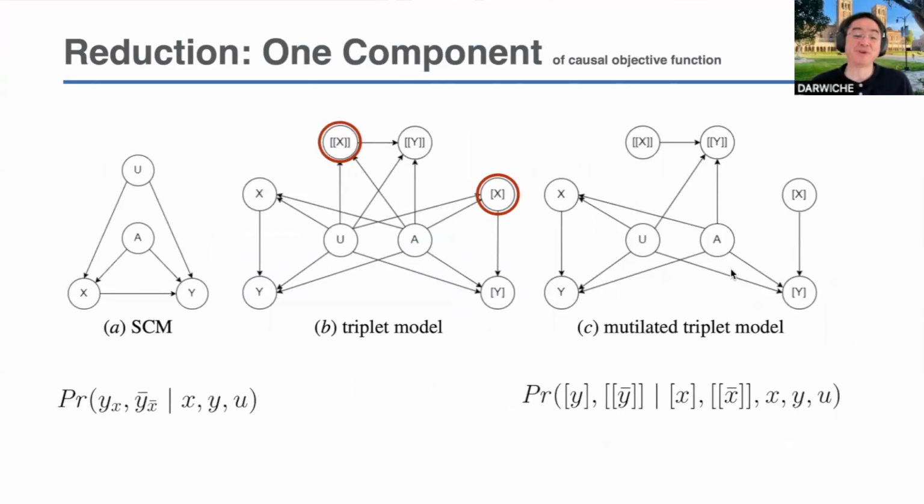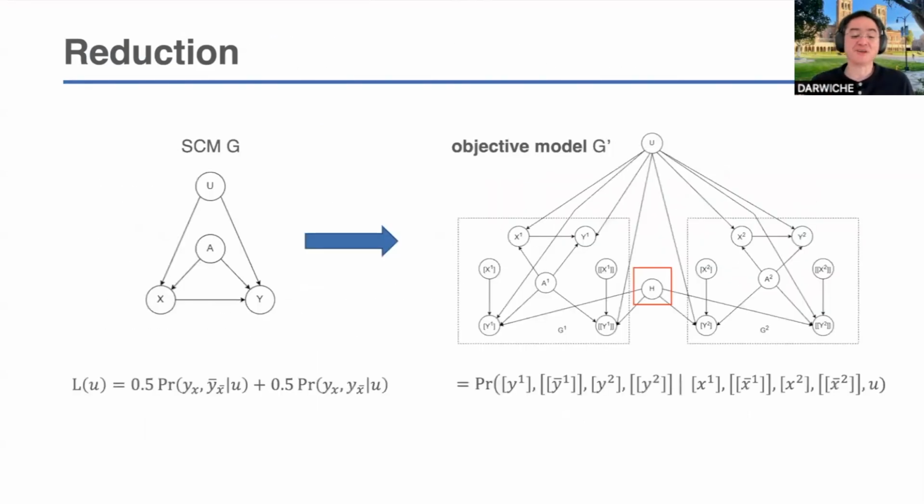So you have to run variable elimination to compute marginals on this. So the complexity is exponential in the unit variables multiplied by the complexity of variable elimination on a triplet model. All right? Because you need to do that to evaluate the objective function.